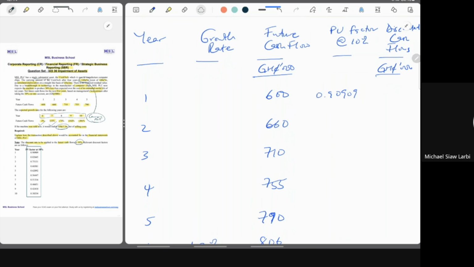Year 2, what is given in the question is 0.82645. Year 3, 0.75131.